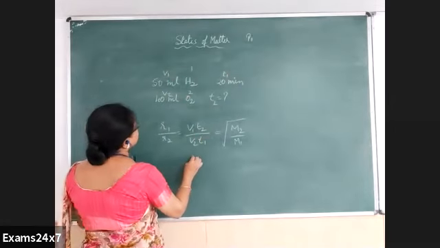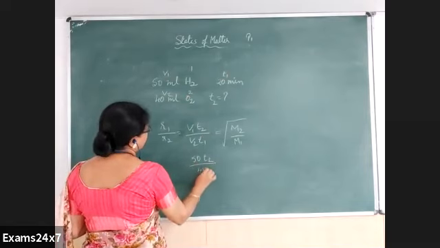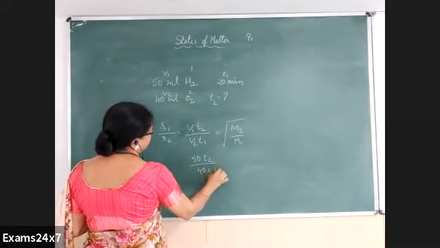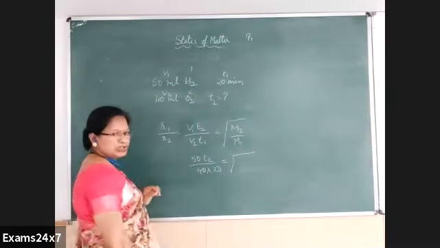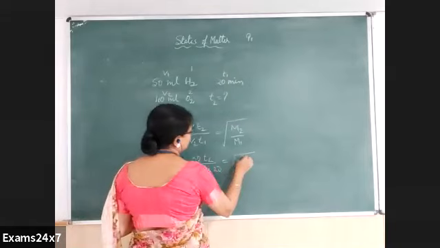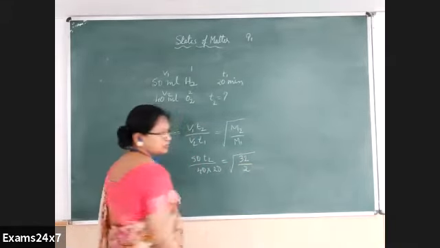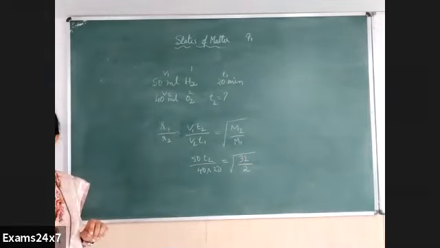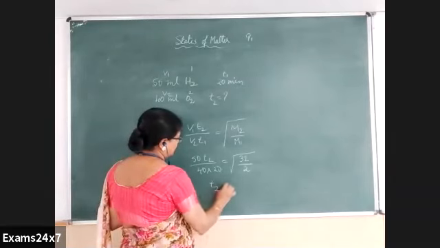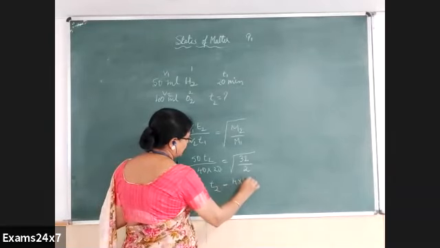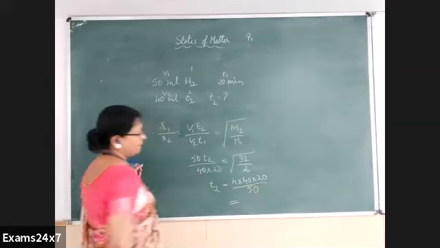V1 is 50 into T2 divided by 40 into 20, which is equal to square root of M2, 32 for oxygen, divided by M1, 2 for hydrogen. 32 by 2 gives you 16. Square root of 16 is 4. Therefore, T2 equals 4 into 40 into 20 by 50.